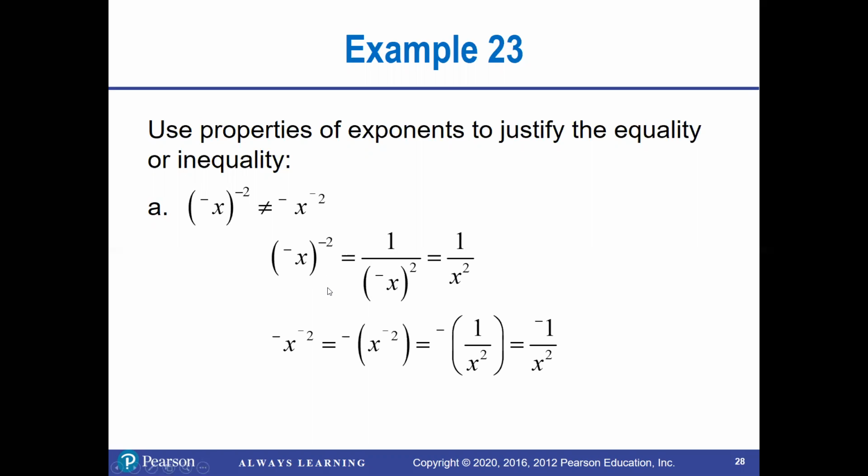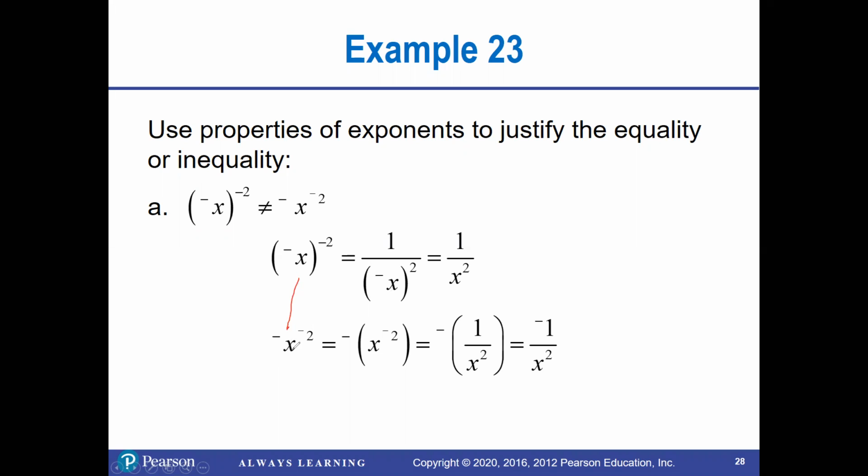Now, what happens if the negative's outside the x? These are two different problems. This, like I said, brings this whole thing down, and you get over here. Notice what's different between these two here.